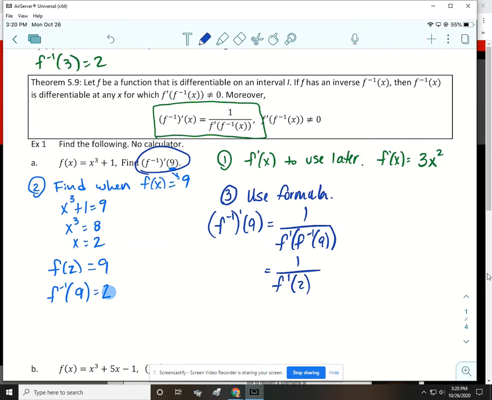All right, then we need to find f prime of 2. So that's why we found the derivative of f. So I'll just take that 2, put it in for my x. So that's going to give us 1 over 12. That's f prime of 9. No, that's f prime of f inverse of 9.